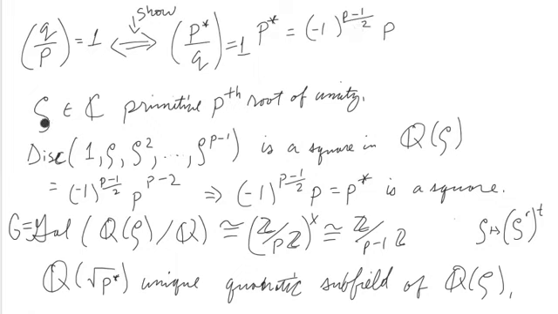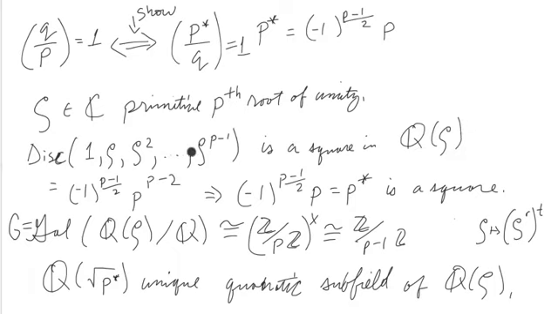Okay, so here's the setup. Let's take zeta as a pth root of unity in the complex numbers. Now, if we were to compute the discriminant of the powers of zeta, remember that it is a square of a Vandermonde determinant, and the Vandermonde determinant lives in this field Q adjoins zeta, so that the square root of whatever we get, which is the Vandermonde determinant, will live in here.